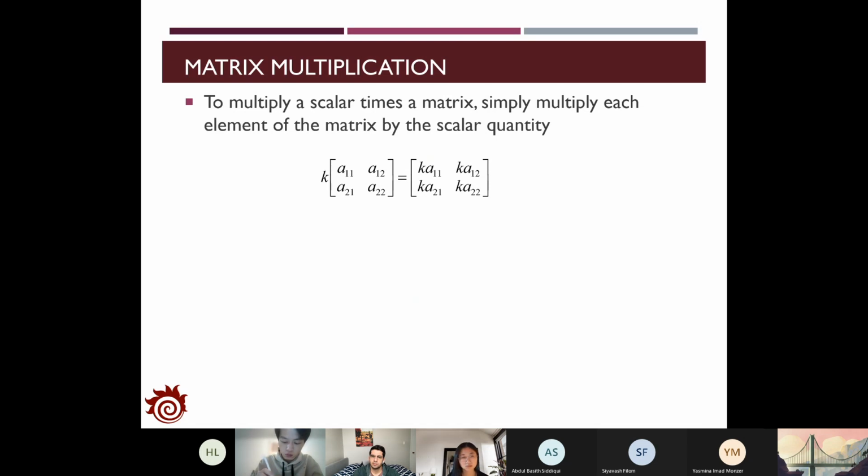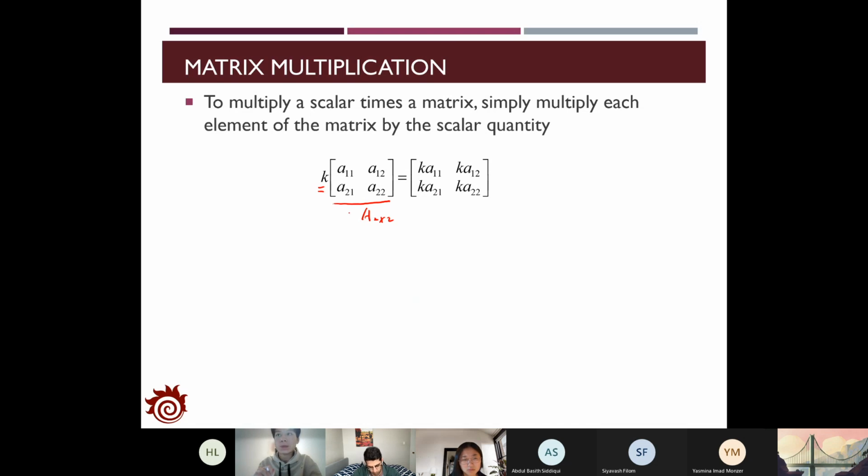First, for the multiplication by a scalar number, say that we have the matrix A, capital A, with the dimension of 2 by 2, and you want to multiply A with the scalar number k, little k, then you just simply multiply k to all the elements in the matrix.